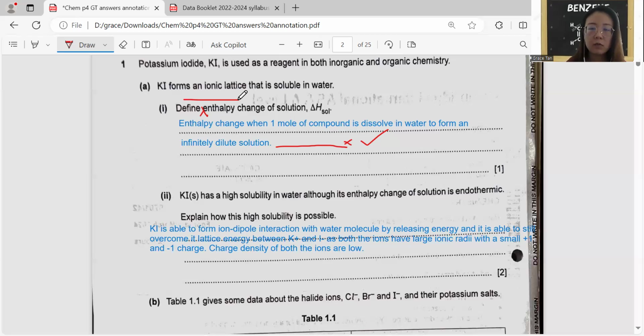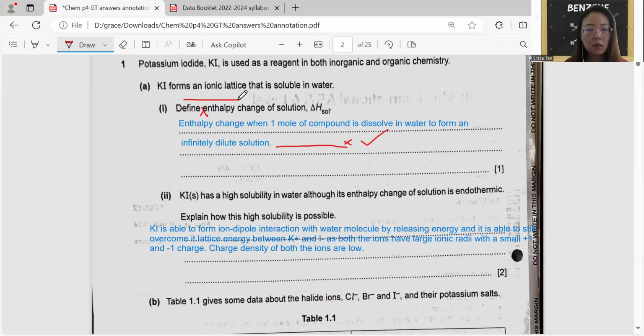But if you get an exothermic number, then that means that 1 mole of compound, when it dissolves in water, will release heat instead. So the solubility of KI in water requires heat because it's endothermic. But then they say it has high solubility, even though it is endothermic.